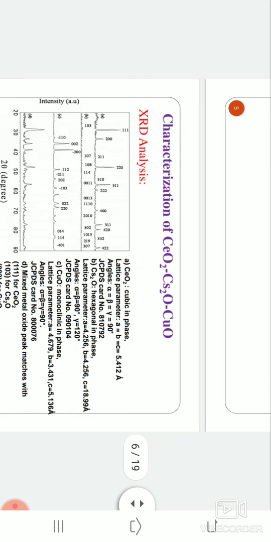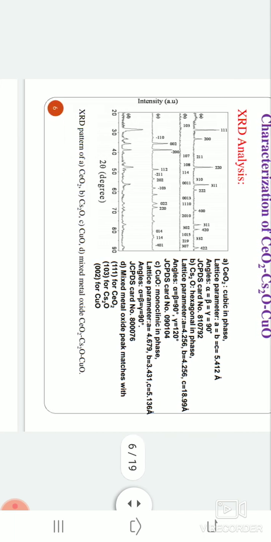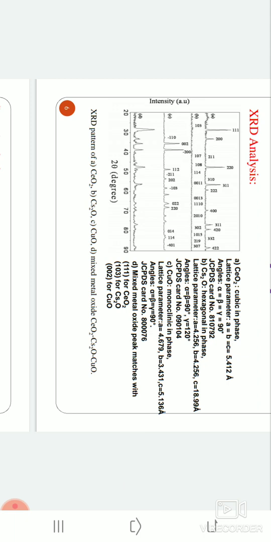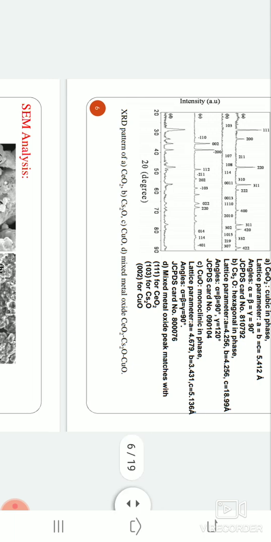After the preparation of mixed metal oxides, we characterize this material by XRD and observe that pure cerium oxide is cubic in phase, matching the JCPDS card number, cesium oxide is hexagonal in phase and matches the JCPDS card number, and copper oxide is monoclinic in phase and matches the JCPDS card number.